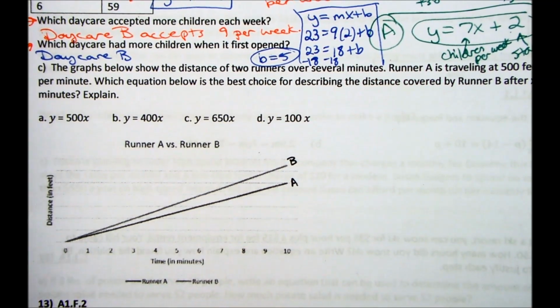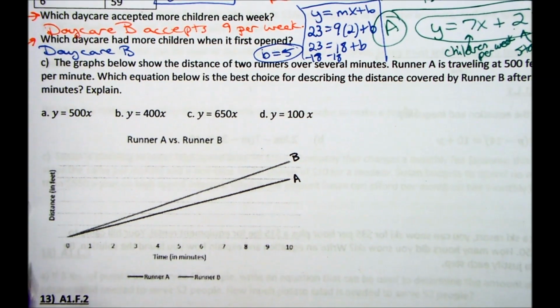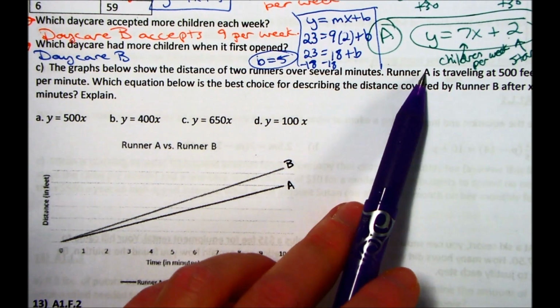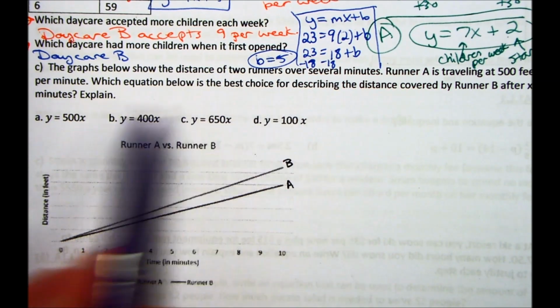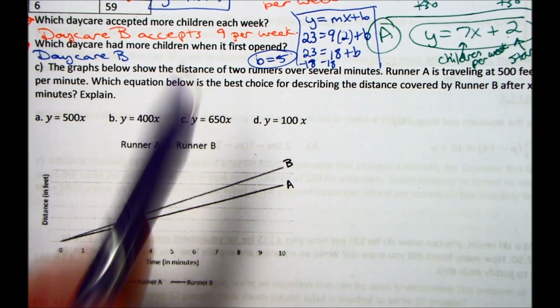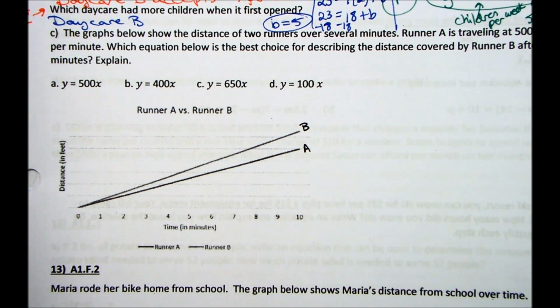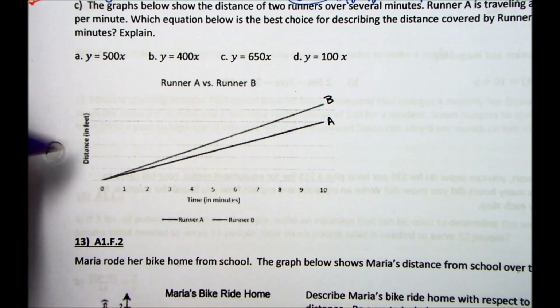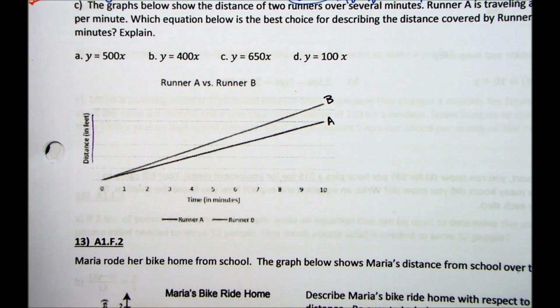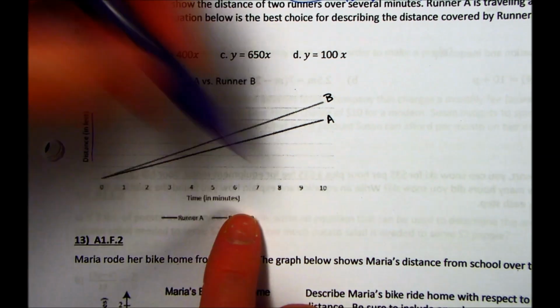This is one of those problems where I think they give you a little bit of extra information. They're telling you about runner A, but they really want to know which equation describes runner B. So I'm not sure if we're going to necessarily need that information about A, but let's see. I know this is a little bit blurry, but distance in feet is what we have here, and then we have your minutes here.